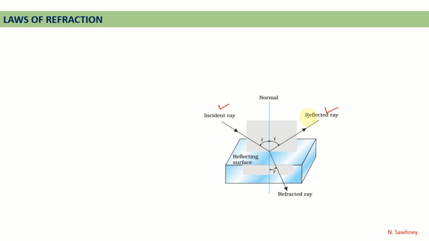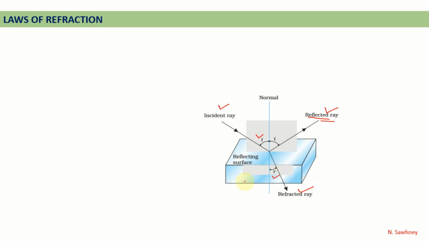See here, a part of it gets reflected back in the same medium, and the rest of the light enters in the another medium, which we call the refracted ray. So, let the angle of incidence again be represented by I and angle of refraction be represented by R, as we have just seen in our previous slide.